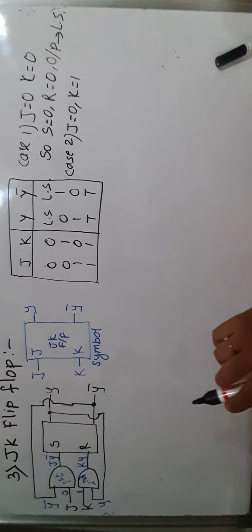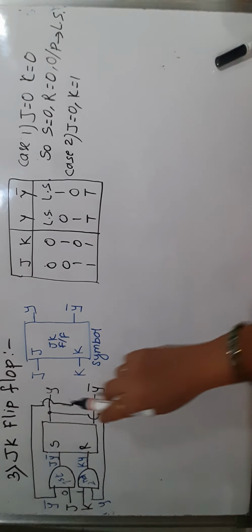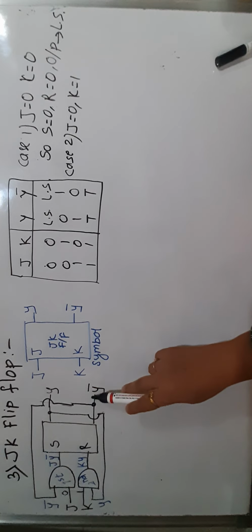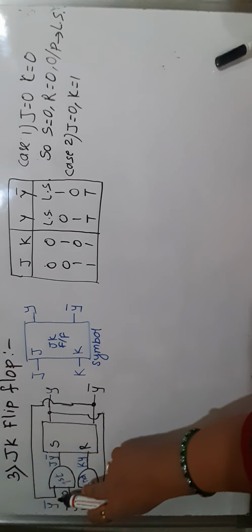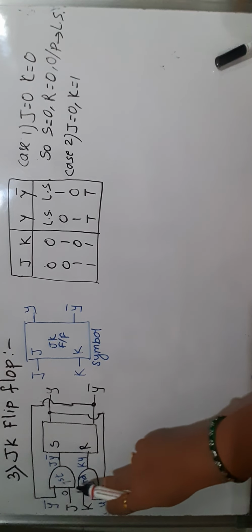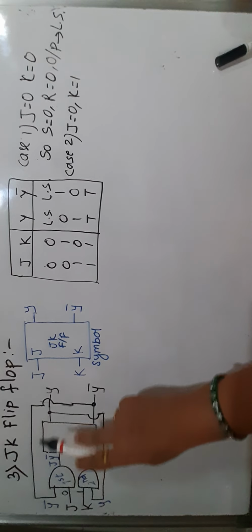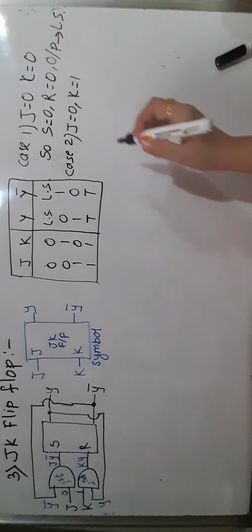Now let's consider the outputs. Because we have to first consider the output and then see what the effect of this output is on the inputs of the AND gates, what the outputs of the AND gates will be, and how it will affect the final output.